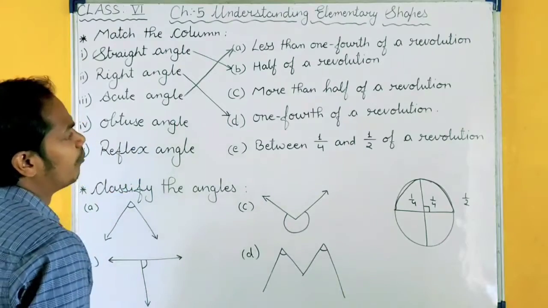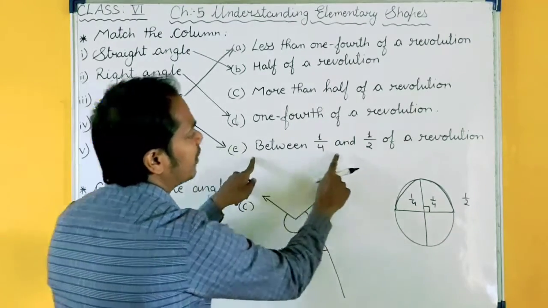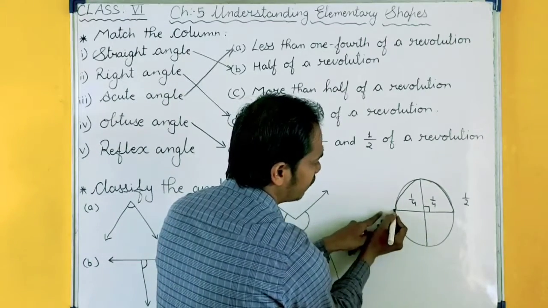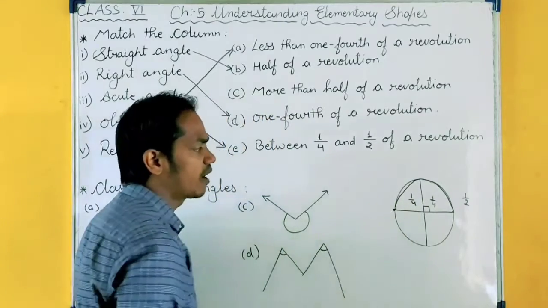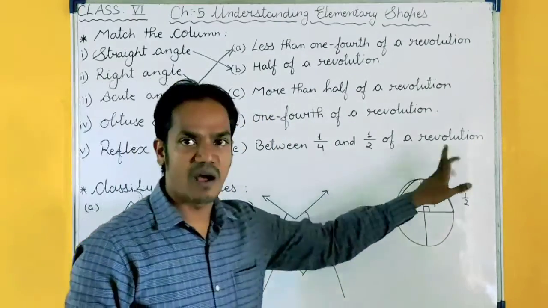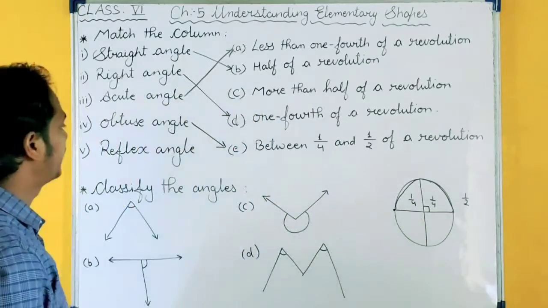So now check. Here it is. This is 0, and when you reach till here it becomes 180 degree. So obtuse angle means between 1/4 and half of a revolution, more than 90 degree but less than 180 degree.